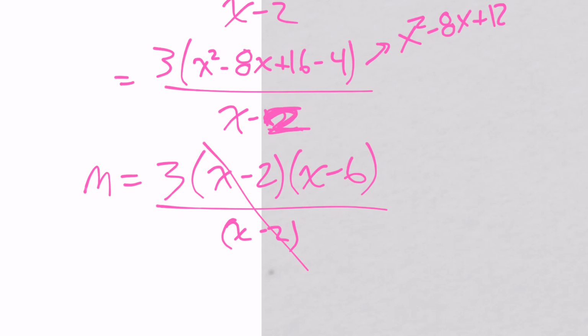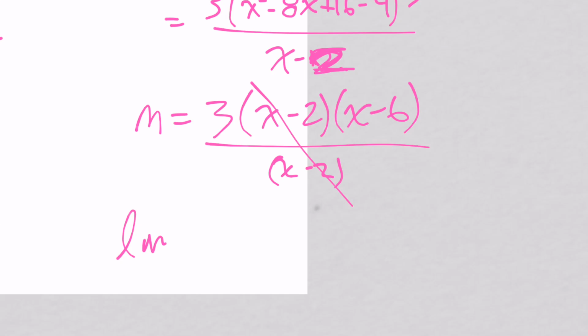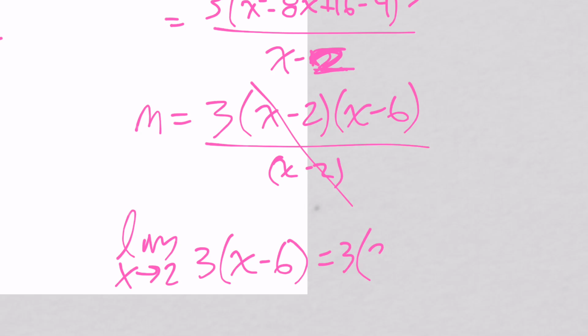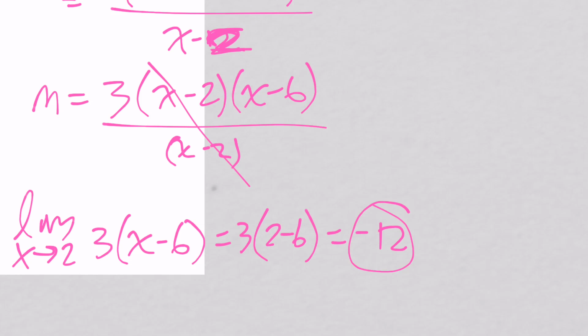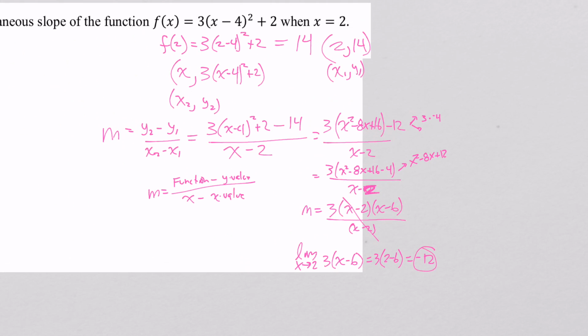Well, look, a hole, take it out. So we need to look at the limit as x approaches 2 of 3 times (x minus 6). Now we can plug it in. 3 times (2 minus 6) gives you negative 12. And negative 12 is our instantaneous slope at the x value of 2.